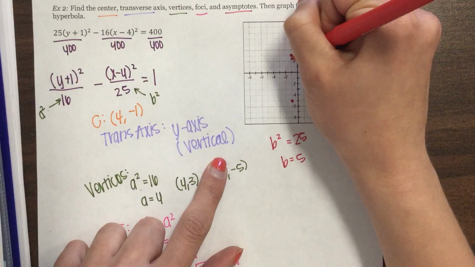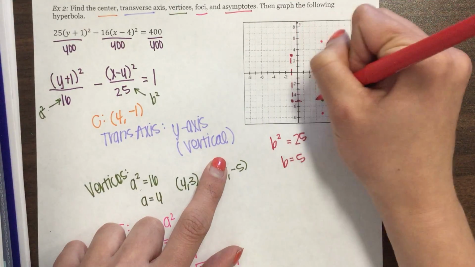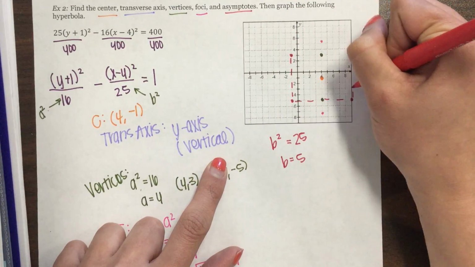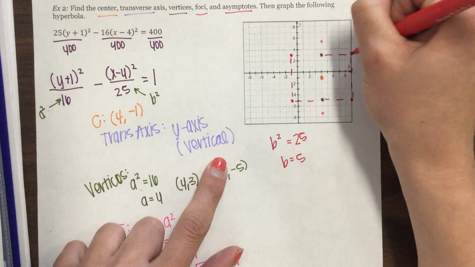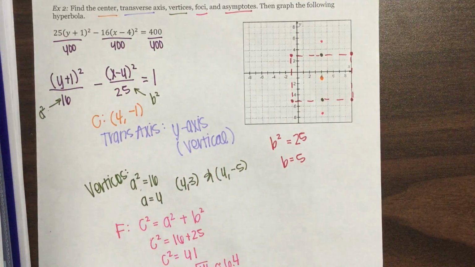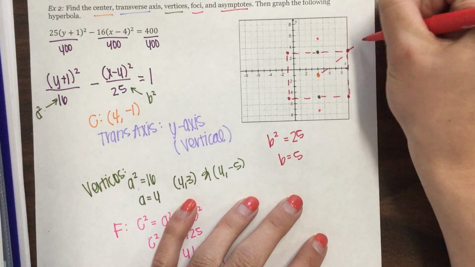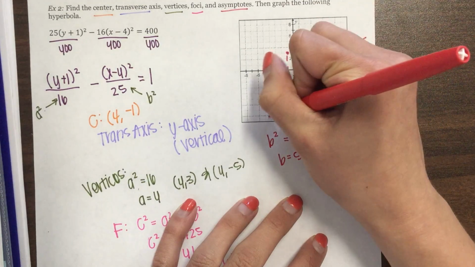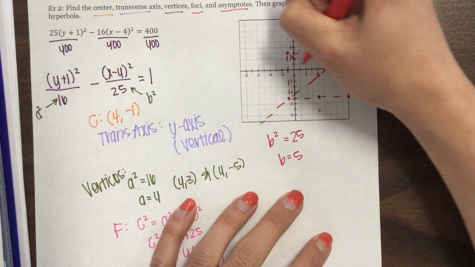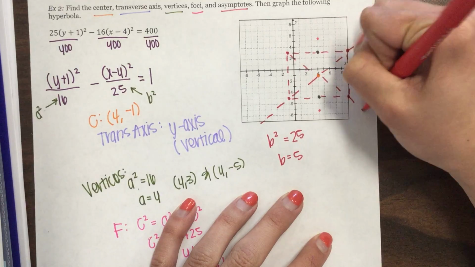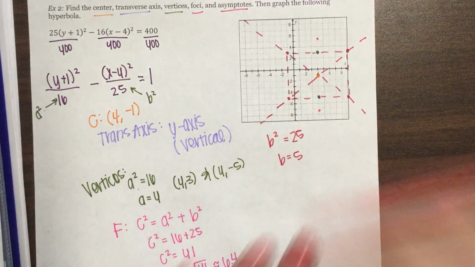And I'm just going to draw my dotted line box. Then this is when I connect my points. So I'm going to connect this right here and this right here. You should always have 2 lines that go out in each direction.